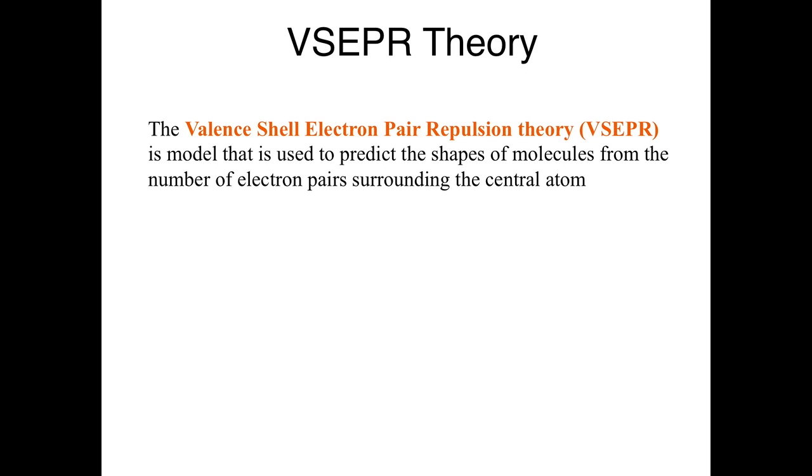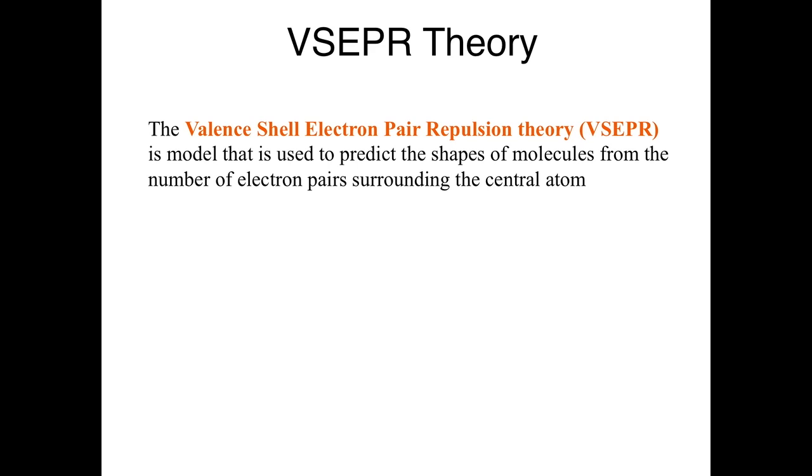Now, the idea to help us predict the shape of a molecule is called VSEPR theory. It stands for valence shell electron pair repulsion theory. And the acronym for that theory is VSEPR. Now, this is a model that tries to help us predict reality. It works most of the time, and as long as you apply it in this class, you will always get it right.